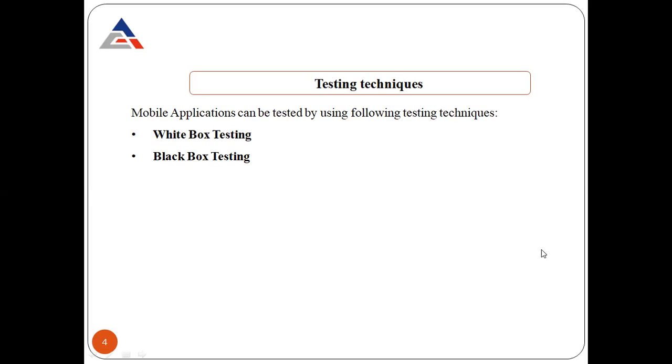If the output is as per the input, it means the testing is positive, and if the output is not appropriate as per the input, it means some error might be there in the application development, and the developer later on can update the lines of code being used in application development. So let's start with the whiteboard testing.